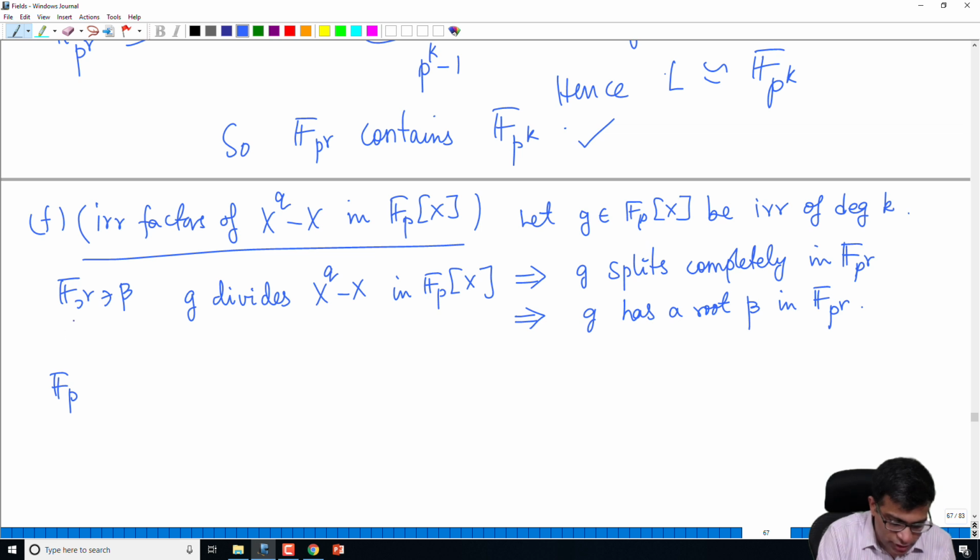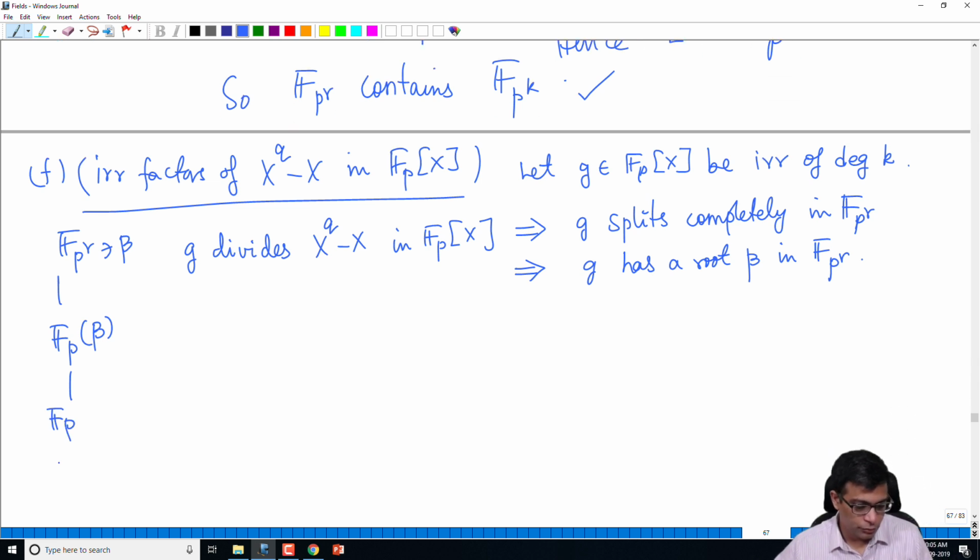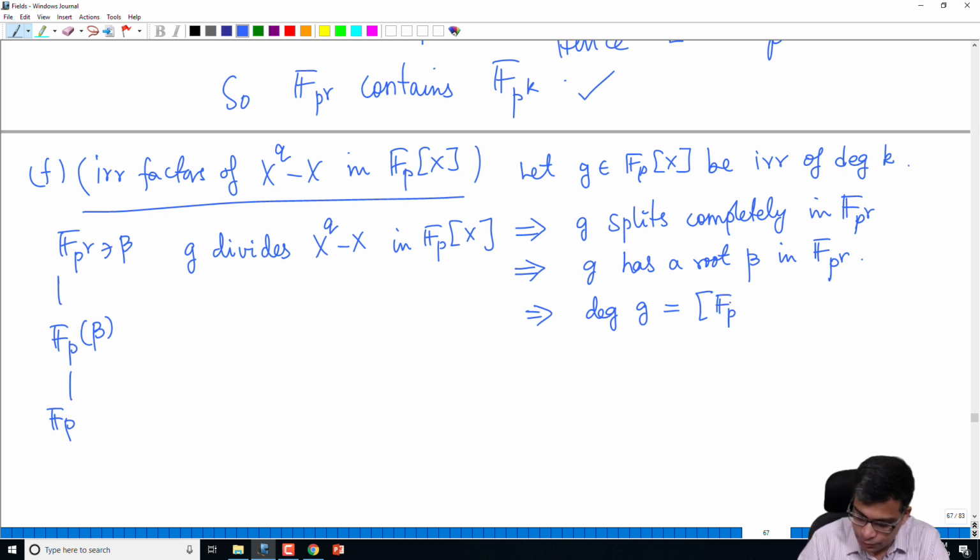What I will now do is expand this: I get Fp(beta) over Fp. The degree of g is equal to the extension field degree, and we call that k.